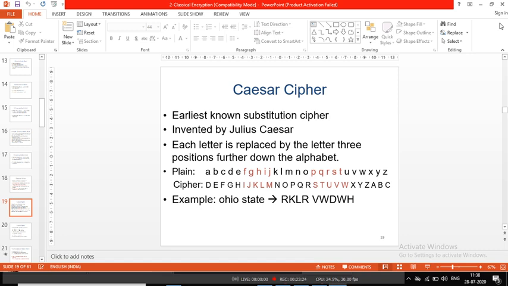This Caesar cipher was introduced by Julius Caesar. I think you all know about Julius Caesar, a famous king. He invented this Caesar cipher to deliver his message to his soldiers and commanders without it being known by any other parties.